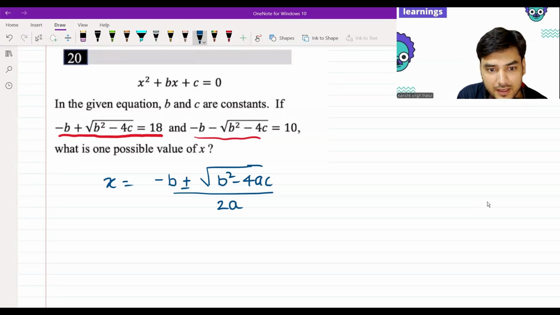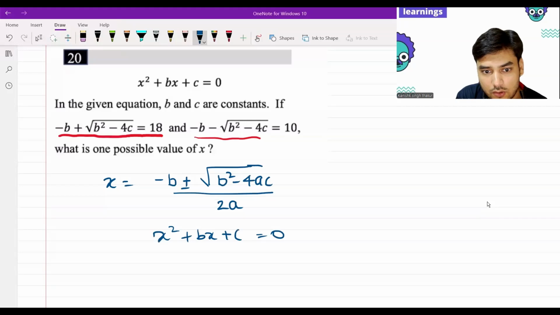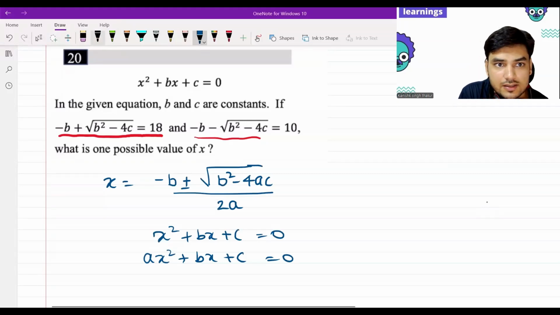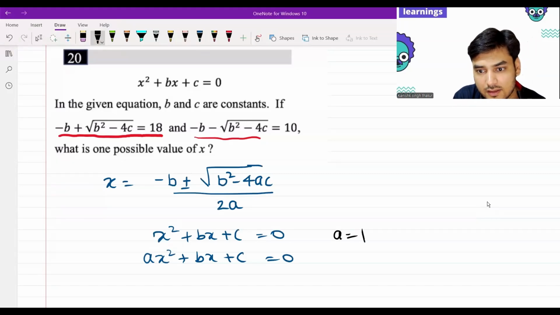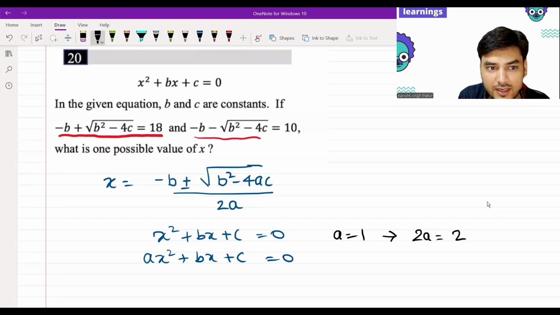Now if you compare x square plus bx plus c equal to 0 with the equation ax square plus bx plus c, directly you can say that your a is 1, isn't it? So this implies that 2a will be 2, isn't it? So what I'll do is divide this equation by 2 and this equation by 2, and I'll directly get the roots.